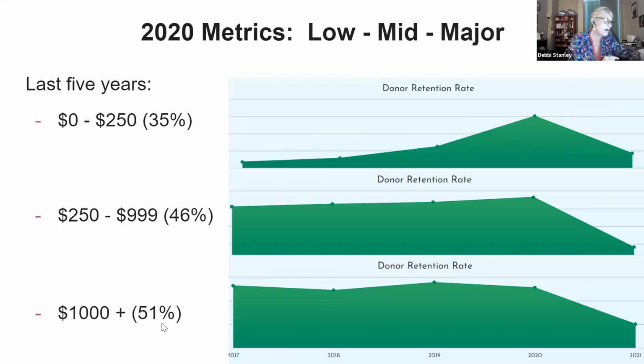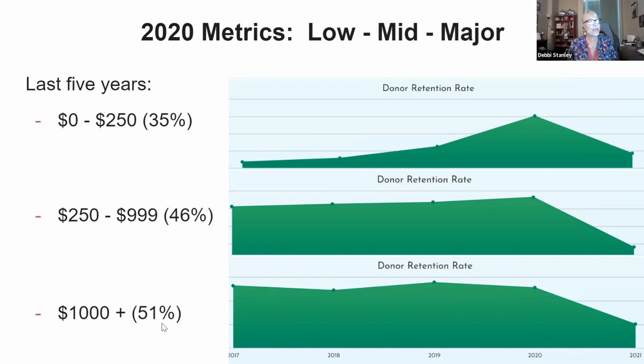This is based on the fundraising effectiveness report that says my general donors should be about 40%, mid-level closer to 60, and my high should be closer to 80%. So I know I've got some work to do here.